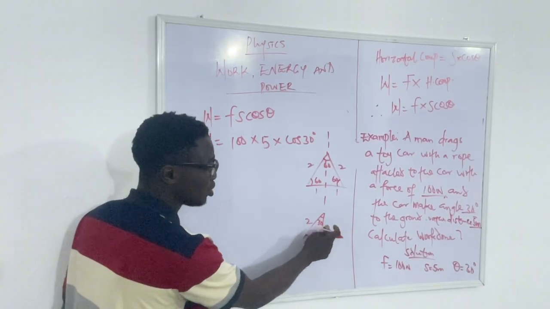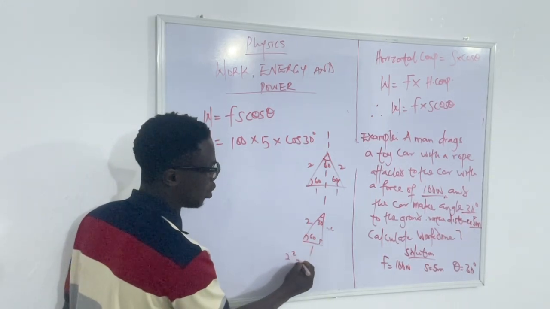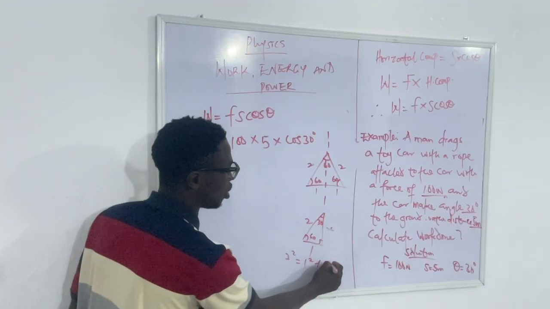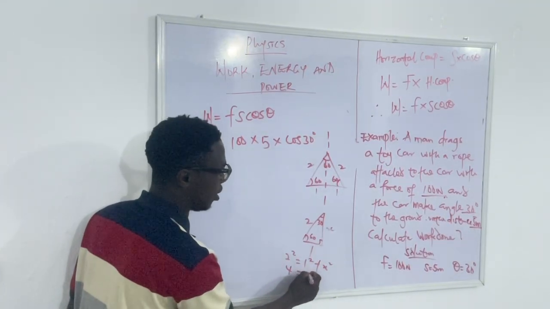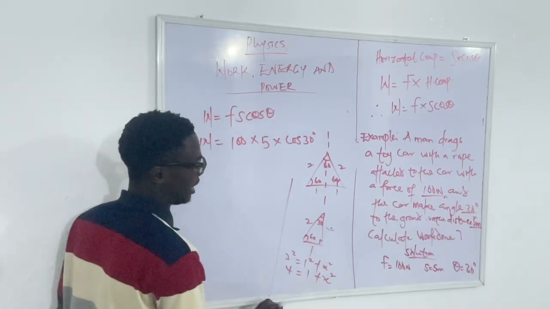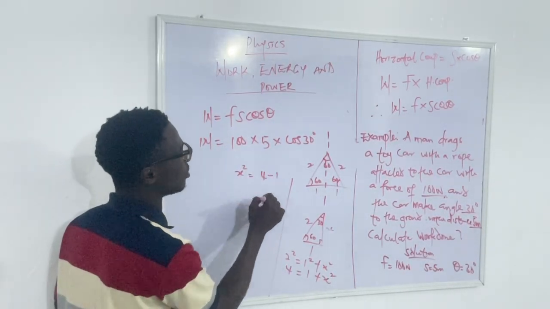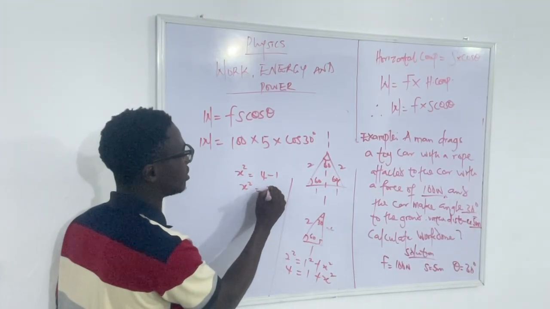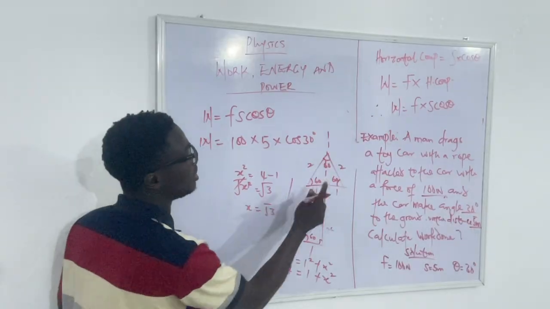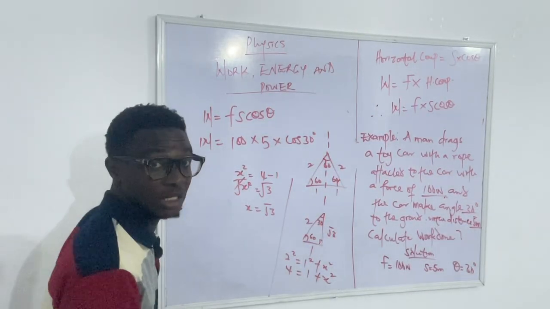So to get this, we can just call it x. The hypotenuse squared equals adjacent squared plus opposite squared. So 2 squared is 4, this is 1, this is x squared. Then x squared equals 4 minus 1. X squared equals 3. So x equals root 3.